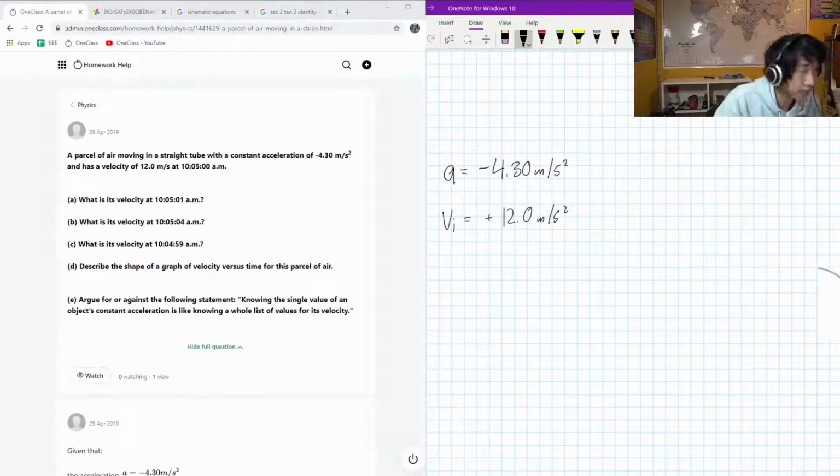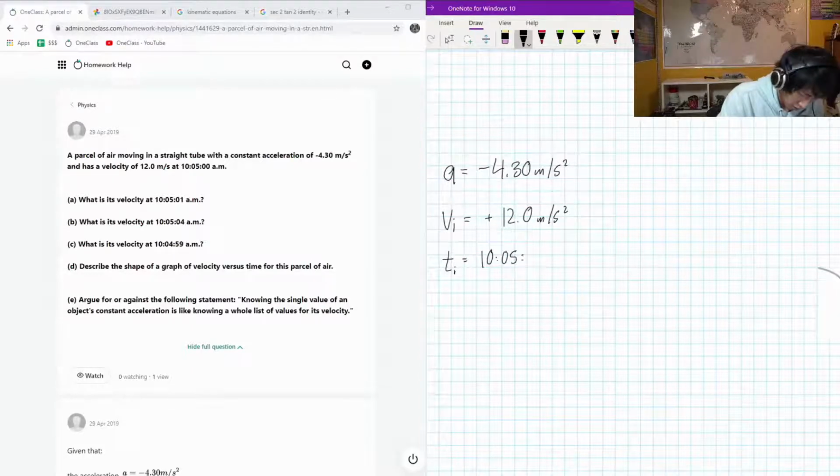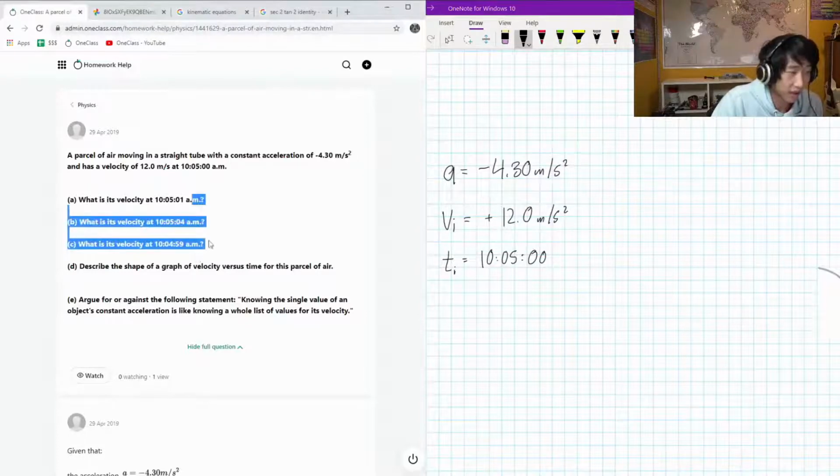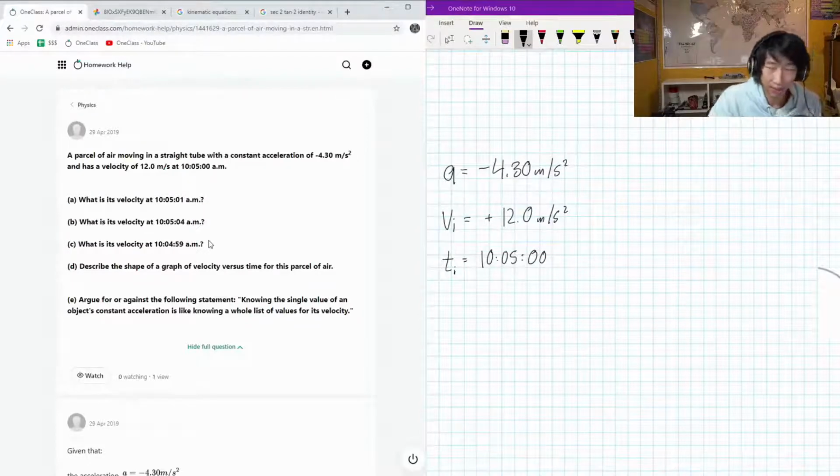And our initial time, TI, is going to be 10:05 a.m., 0 seconds in. I don't really need to write AM because all of the other things are in AM, so it doesn't matter.